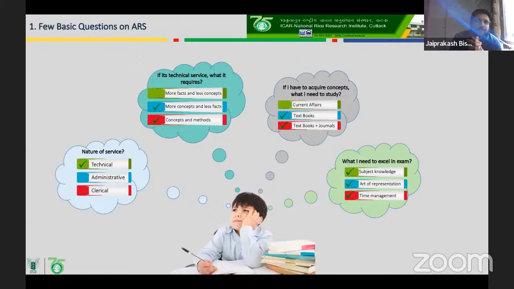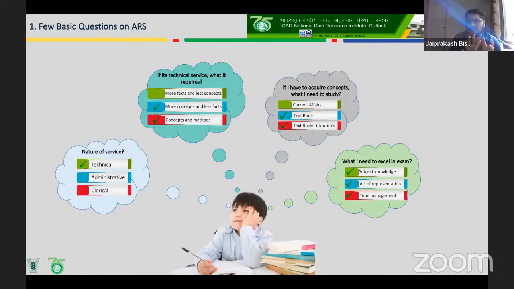There are some facts about current situations or past achievements that can be asked in your interview, but definitely not in the mains examination. In prelims they can be asked, but the weightage of such questions will be very low, and that can be ignored. But in the interview, they can ask some facts also. Still, if someone wants to come into agriculture research services, the focus should be more on methodologies and concepts.